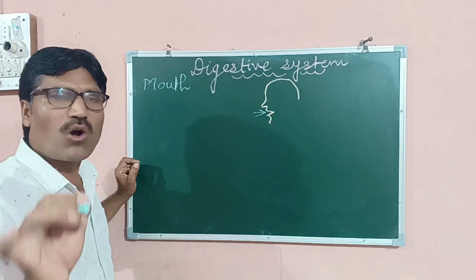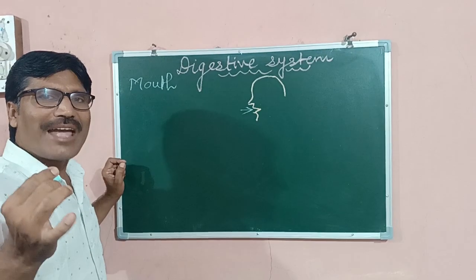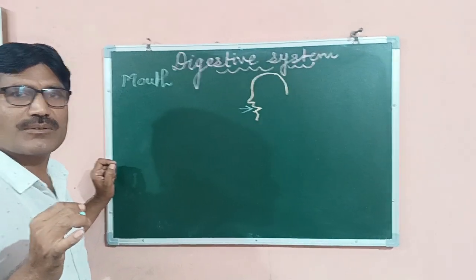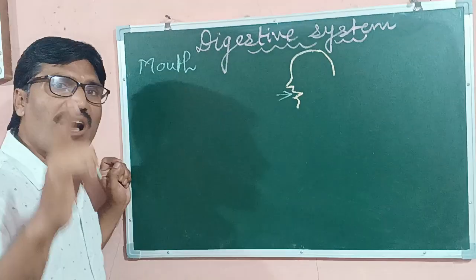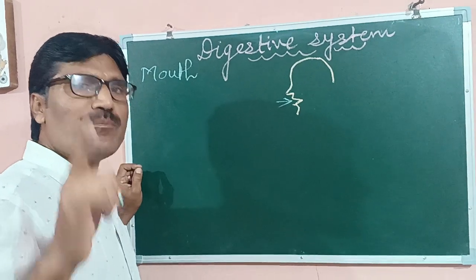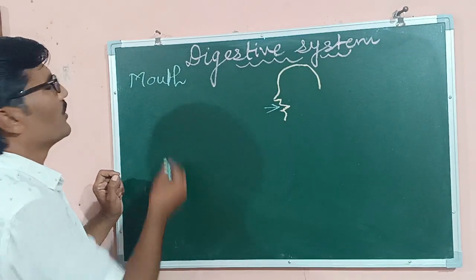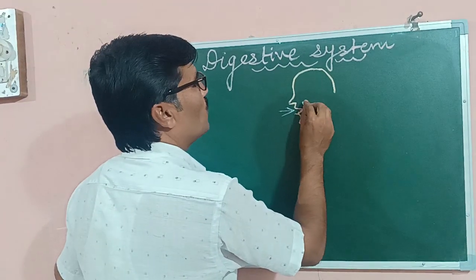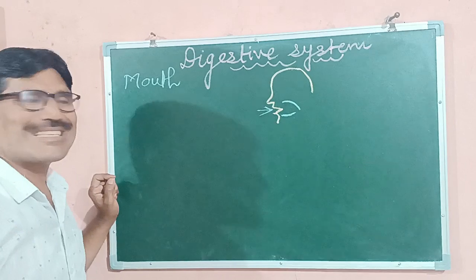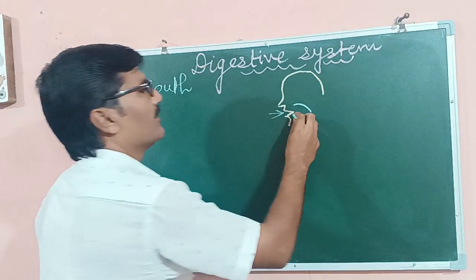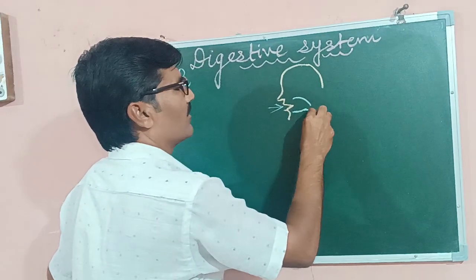It doesn't start from the internal bag-like structure called the stomach. So remember it properly, remember it firmly, that the digestion starts from the mouth. This question can be asked in competitive exams like MPSC or APSC. So when the food is taken in our mouth, a tube starts from the mouth in the inside of the body.